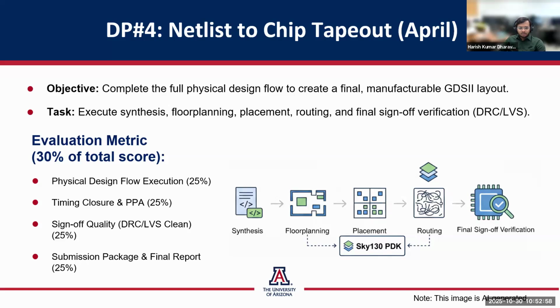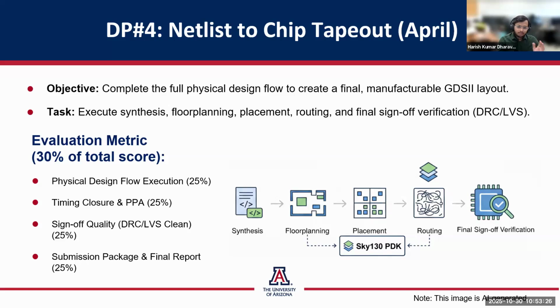You'll be using EDA tools to synthesize your code into gates, floor plan everything, place and route the components, and perform final sign-off checks to ensure the design is manufacturable and ready to be shipped out. This evaluation metric is 30% of the whole score, because again, this process is a pretty heavy process and it is going to affect the whole chip.